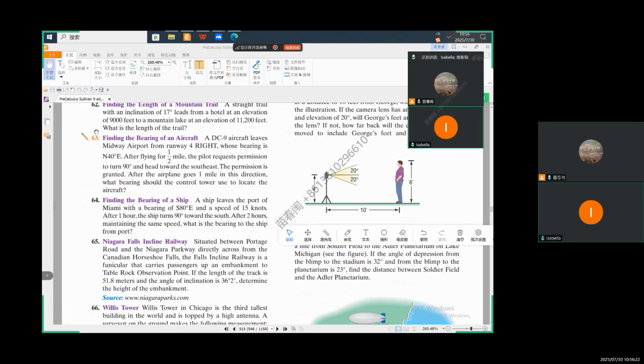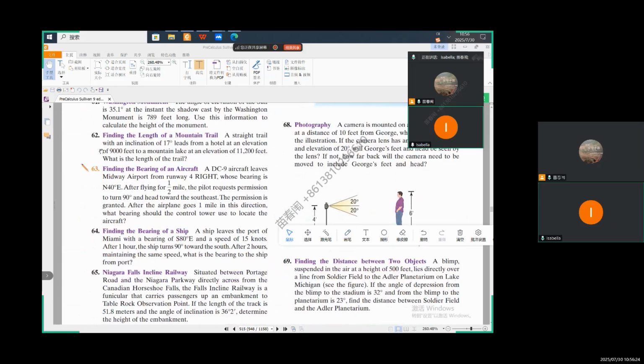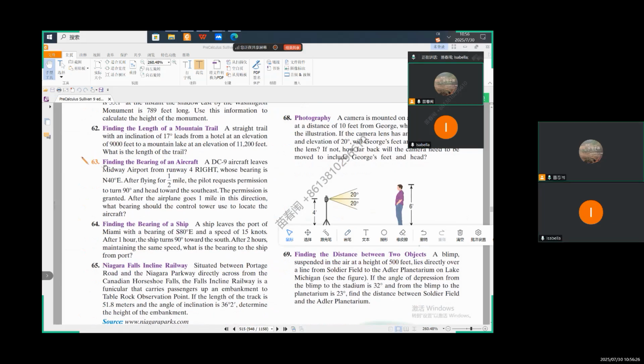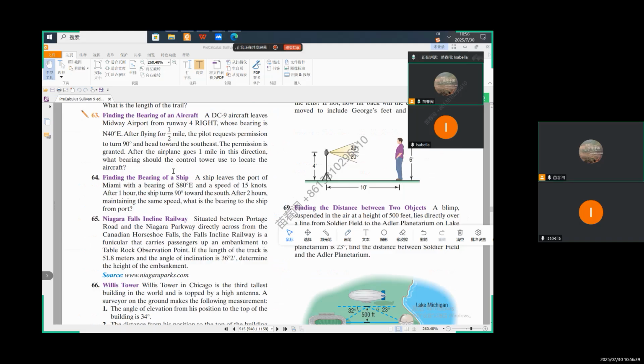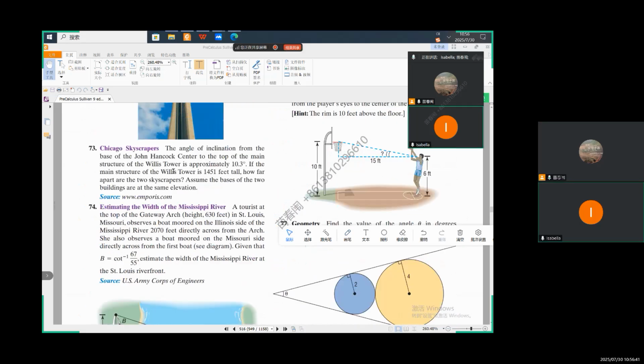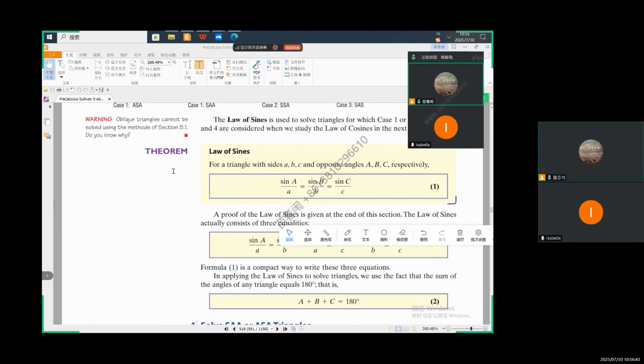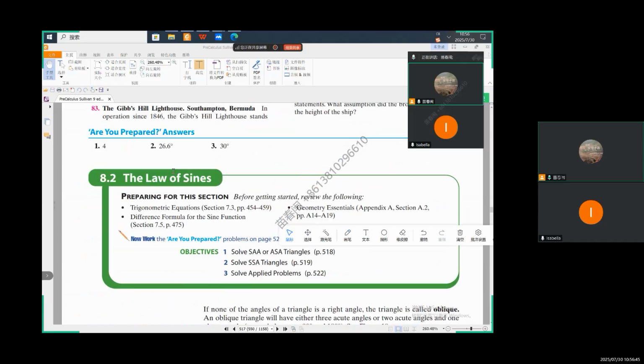Still on the same page, or the next page. Just 63. That's a big bearing question, similar to the example. And we finish this one, then let's move on.